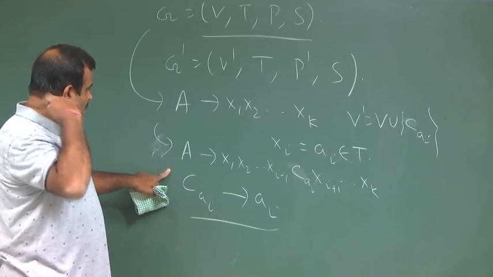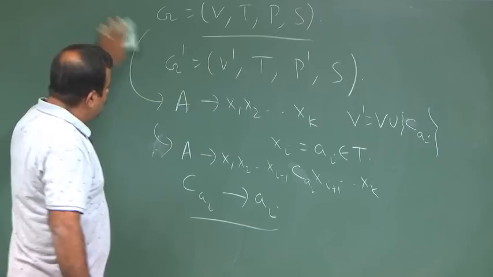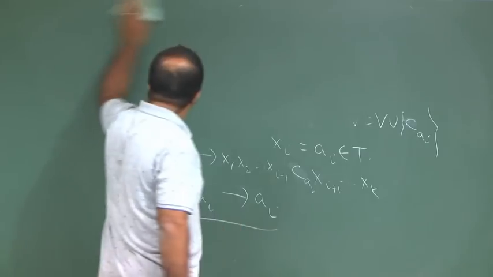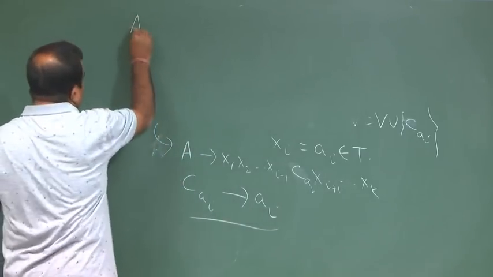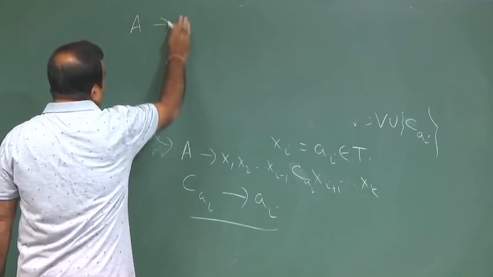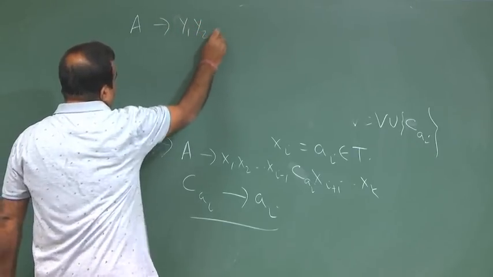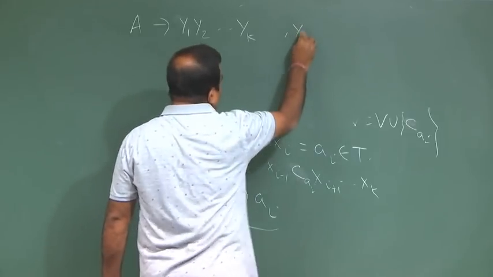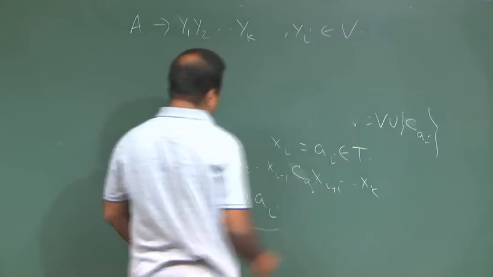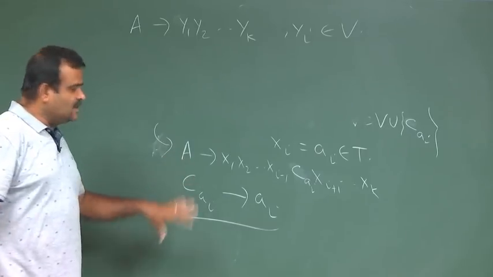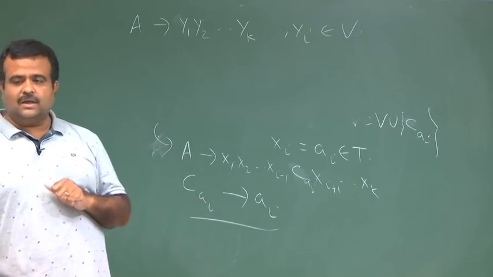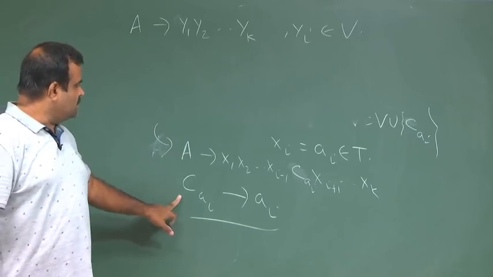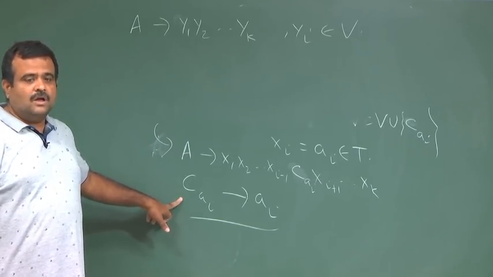Okay. Now, finally, we have a form like this: A is going to y1, y2, up to yk, where each of these y's is a variable after doing this job, and the remaining rules, including the newly added rules, are in CNF form.